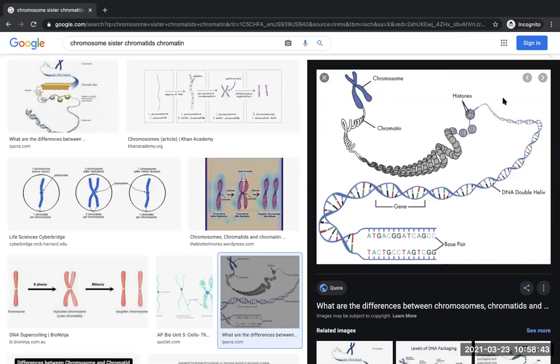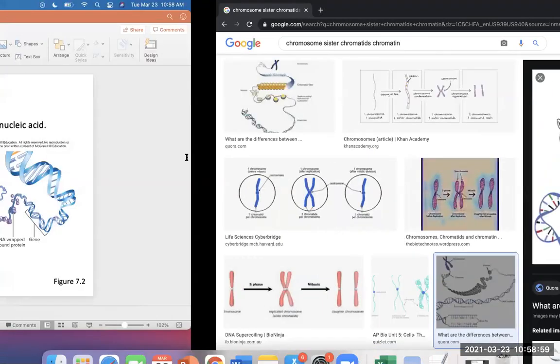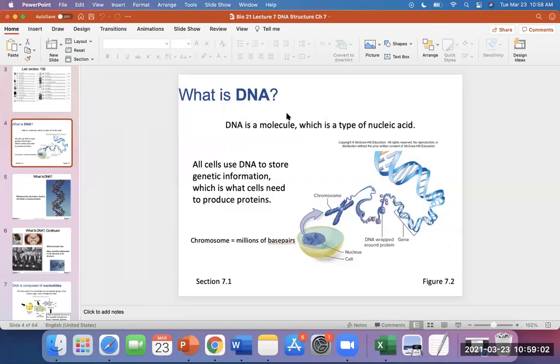You zoom in a little more, you can see the double helix, and if you zoom in more, you are able to see the nucleotide. So it goes from the chromosome to the base pair. You're zooming in more and more and able to see more. Yes, someone said chromosomes contain two chromatids.